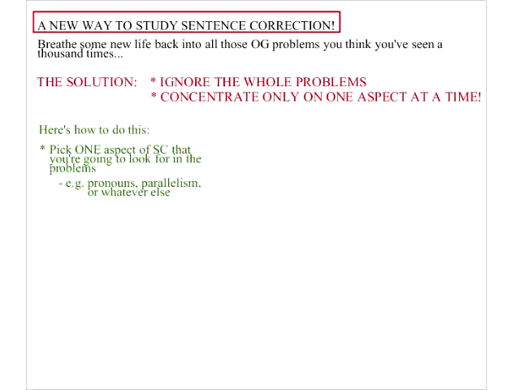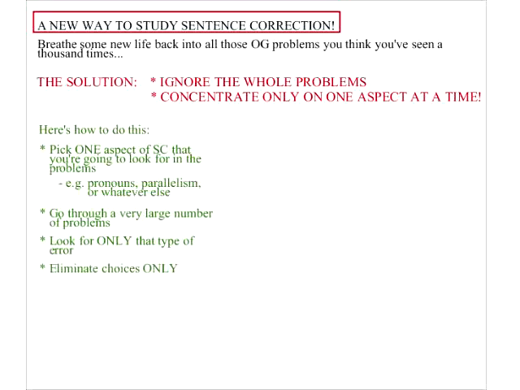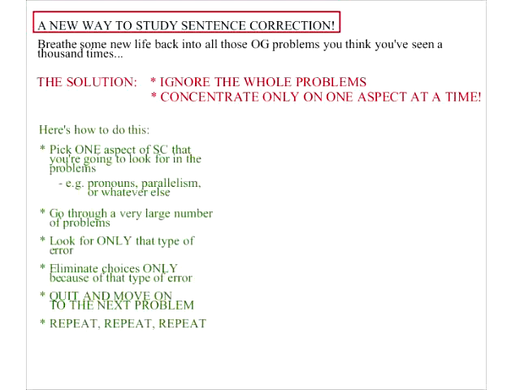Then, for each problem, just go through a very large number of problems. Look for only that type of error. Eliminate choices only because of that type of error. And then quit and move on to the next problem. And then repeat, repeat, repeat.